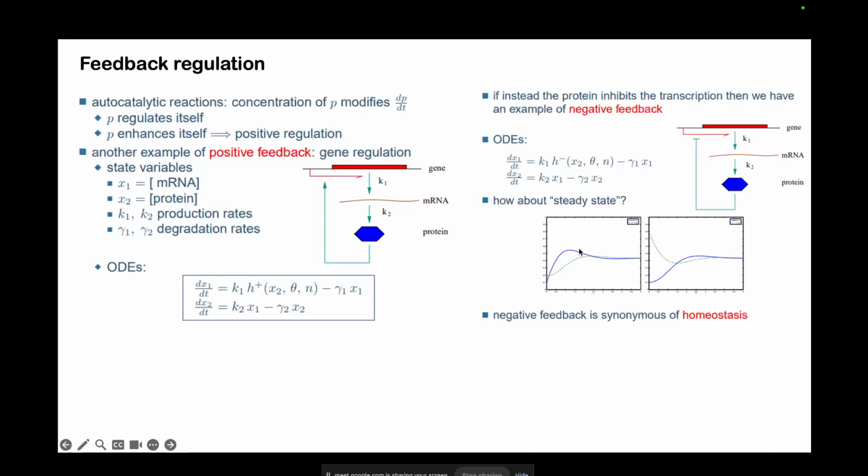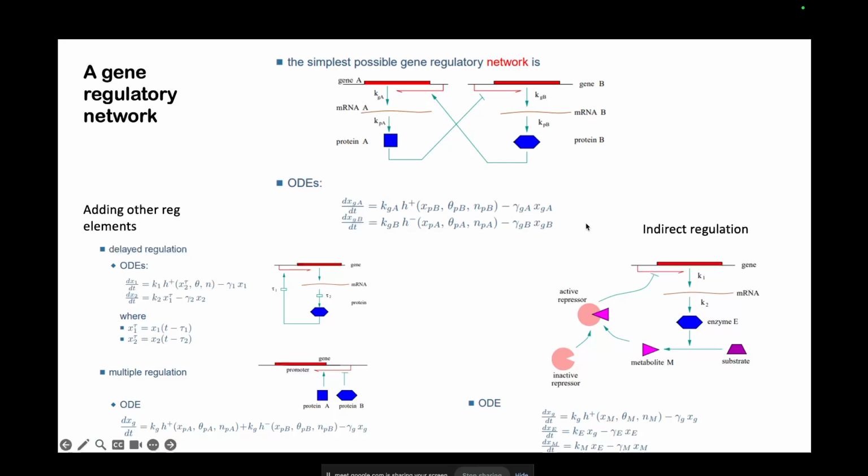So this correctly depicts what is known as homeostasis. After a certain point of time, the mRNA decreases and stagnates. Same with the protein. So it reaches an equilibrium or steady state, which is not the case for a positive feedback regulation, where no steady state is formed. Okay. So that equation is used up here.